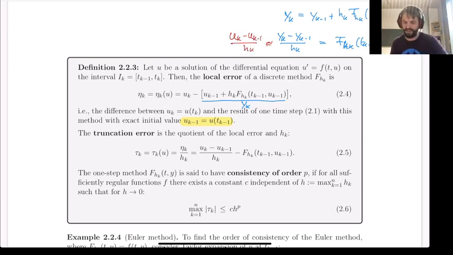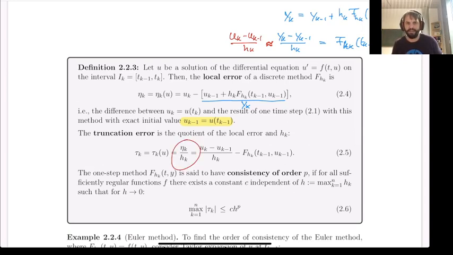So how much does the true solution not satisfy the approximation of our equation? That's what the truncation error is defined as. And it happens that in this case, this reduces to simply eta_k, the local error, divided by h_k.